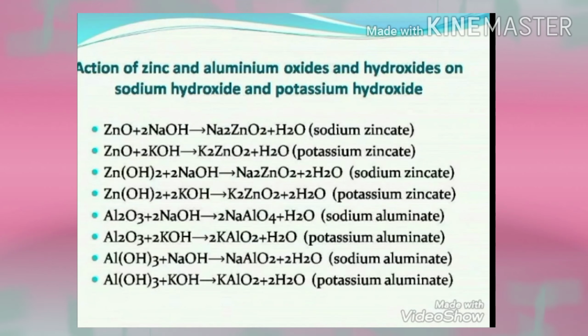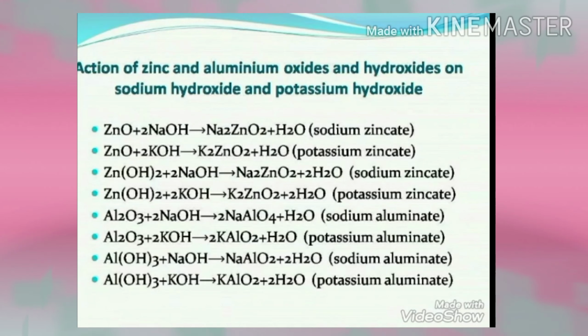Like that also, when the alkali sodium hydroxide reacts with aluminum hydroxide, Al(OH)3, it produces sodium meta-aluminate, NaAlO2, plus water. And also potassium hydroxide, KOH, when reacting with aluminum hydroxide, produces the salt KAlO2 plus water.